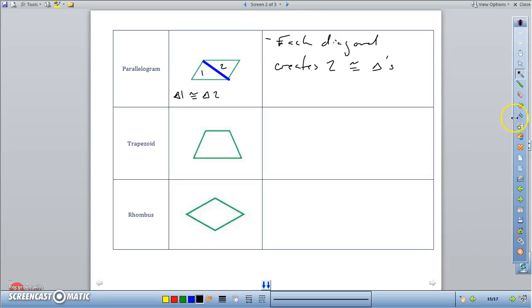Alright, so these are the things I want you to have as your characteristics for a parallelogram. And we'll go through each one of these throughout the course of the week and get this thing completely filled out and make sure that we've all got the same stuff. So go ahead and get your homework out from last night if you don't already have it out, and let's get ready to go over that.